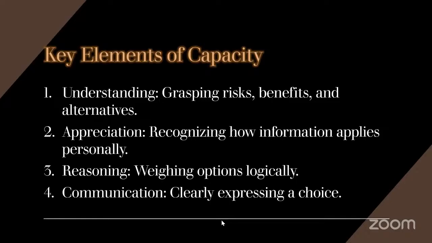Third is reasoning. Like asking, can the patient logically weigh the options, balancing the risks and benefits in a way that aligns with their values? And the fourth is communication. Can the patient clearly and consistently express a choice?